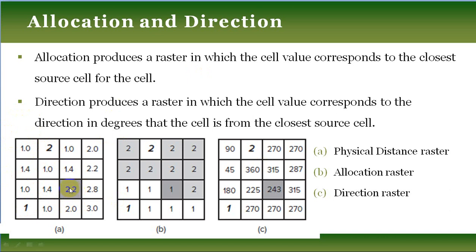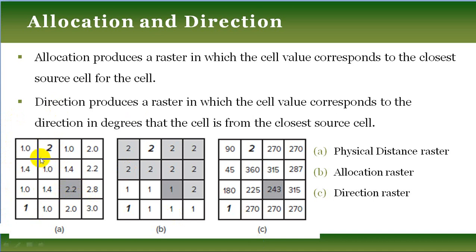So from this cell center point, the distance to the source 1 center point and the source 2 center point is the same, 2.2. For your understanding purposes, in this figure we show it in gray color.